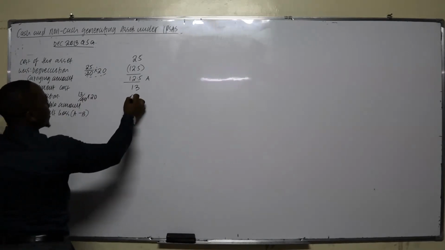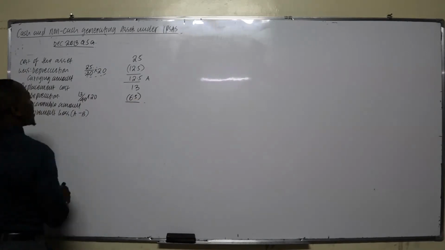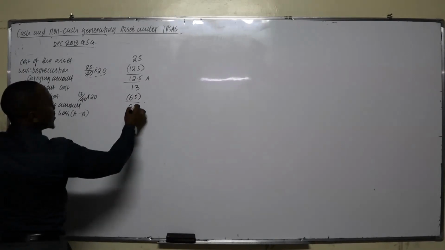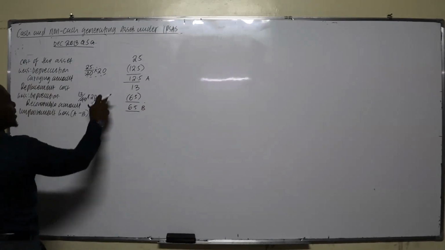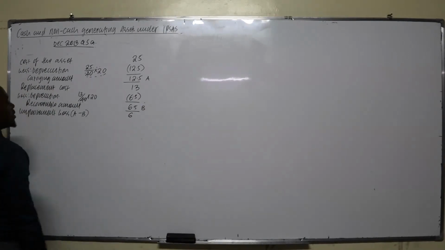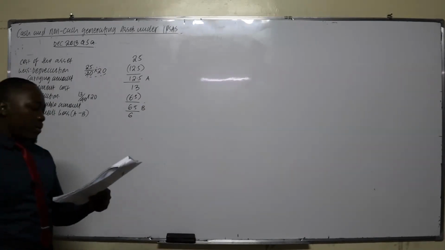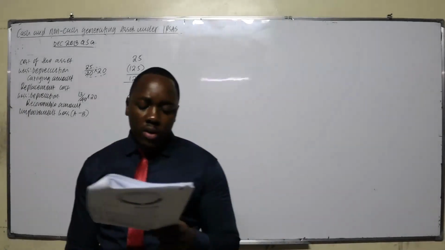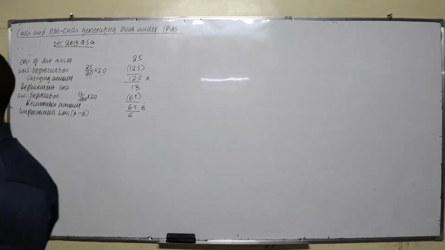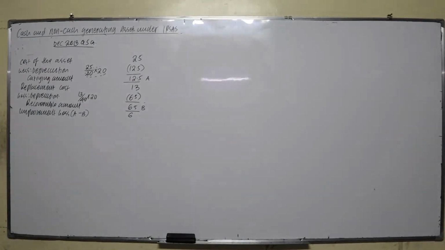You get 6.5. So how much will be the recoverable amount? 6.5. Call it B. Now give me the impairment loss. A minus B, you get 6. Required: calculate the impairment loss to be recognized using the depreciated replacement cost.